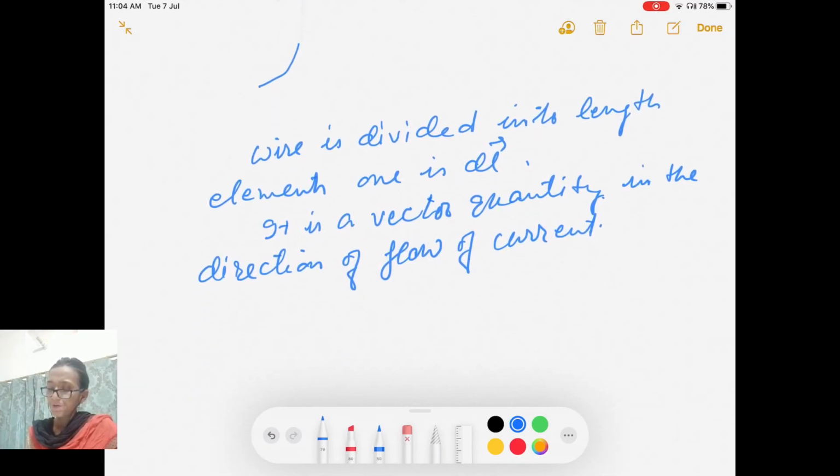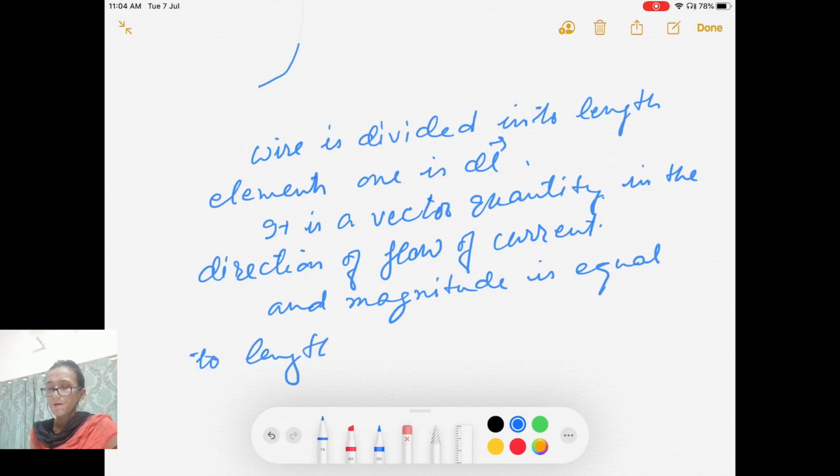The magnitude is equal to the length dl. So dl is a length vector with direction, in the direction of current, and its magnitude is equal to the length dl.